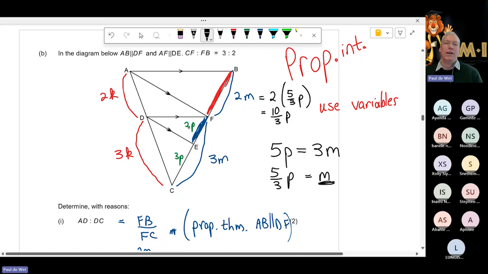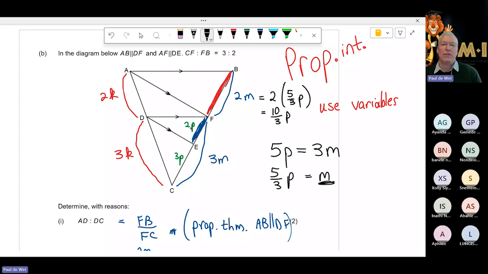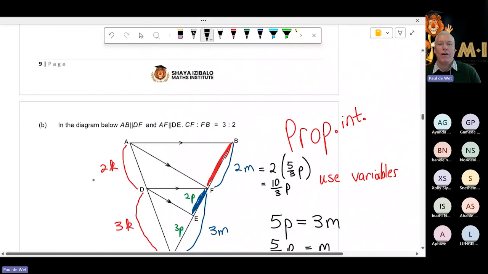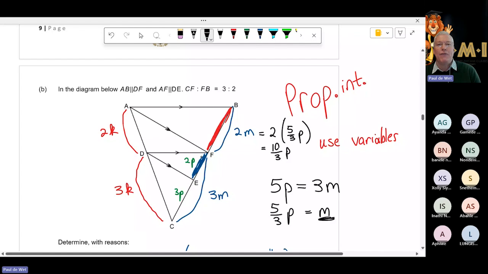Now, what will the ratio be if I take the blue piece divided by the red piece? It'll be 2. Carry on. Can you please repeat the question? Yeah, so what's your final answer going to be for this EF as to FB?